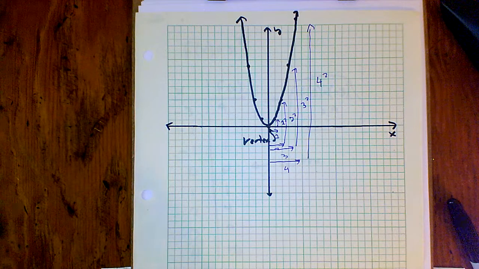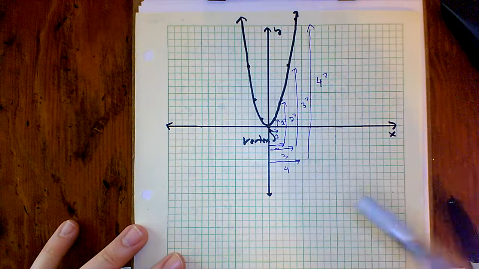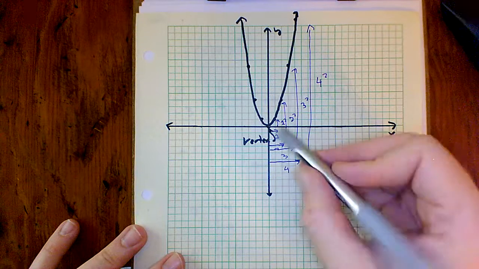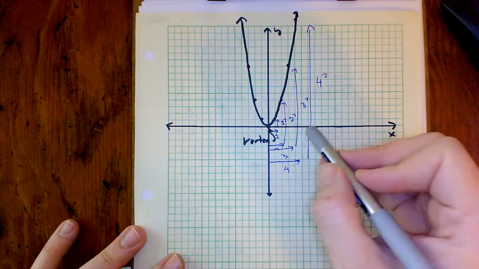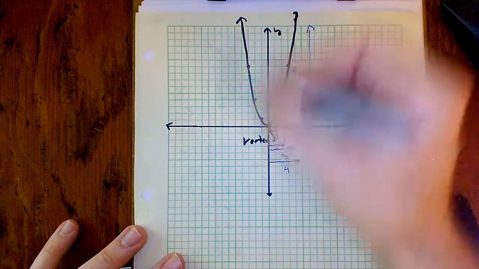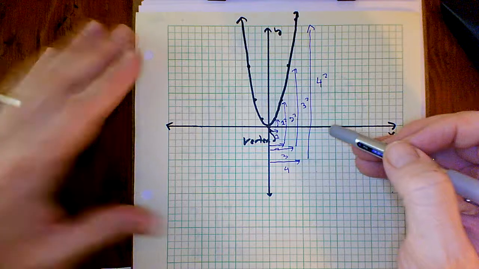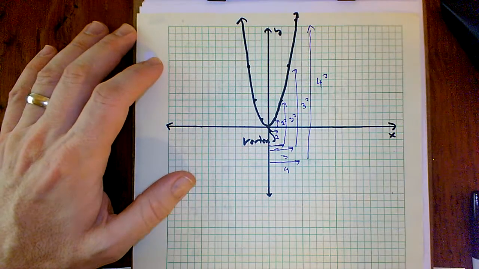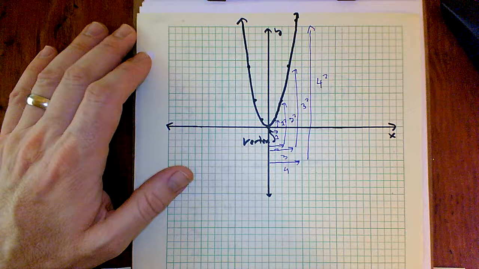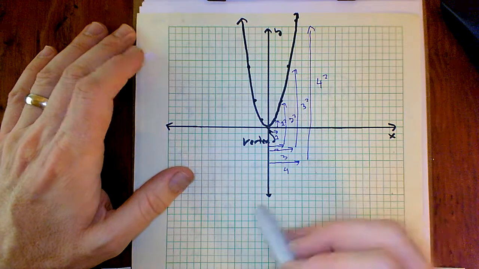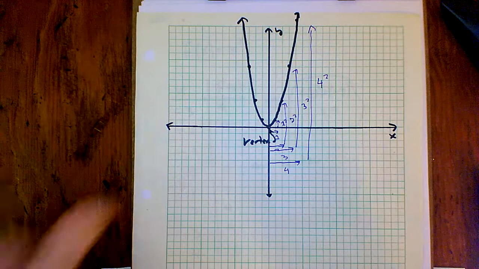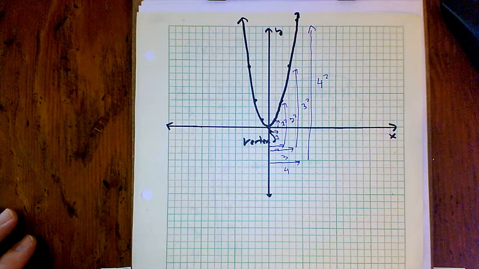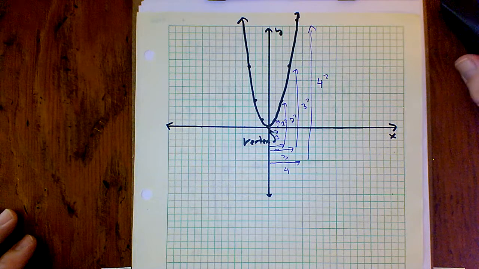And this relationship of distance from the vertex is preserved for all things with this x squared kind of pattern. If I had a number in front of it, I would multiply that as well. But that's all I have time for in this video. I will catch you in the next one.